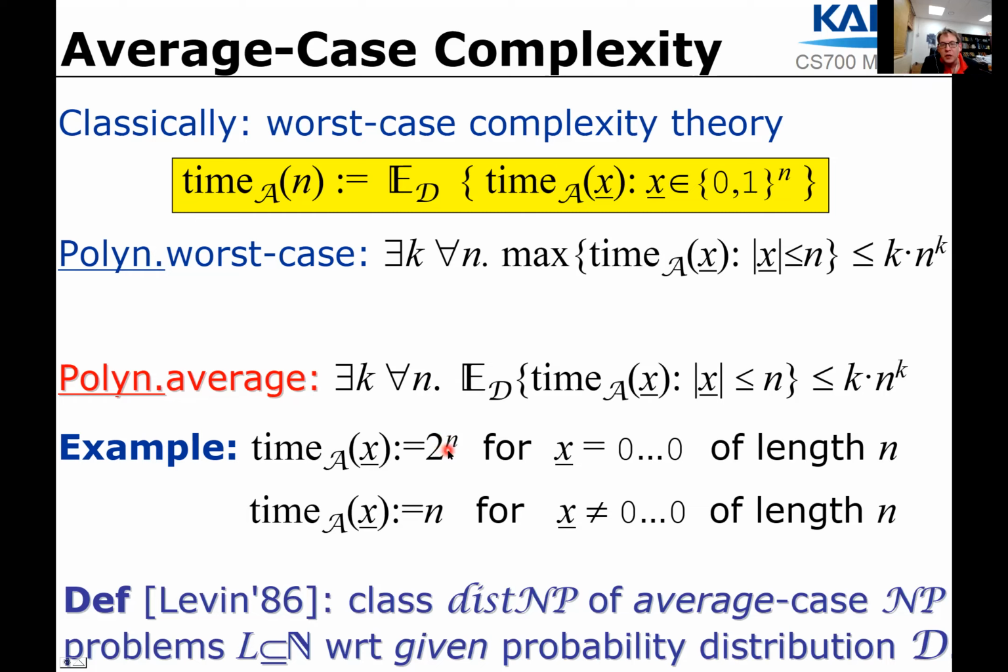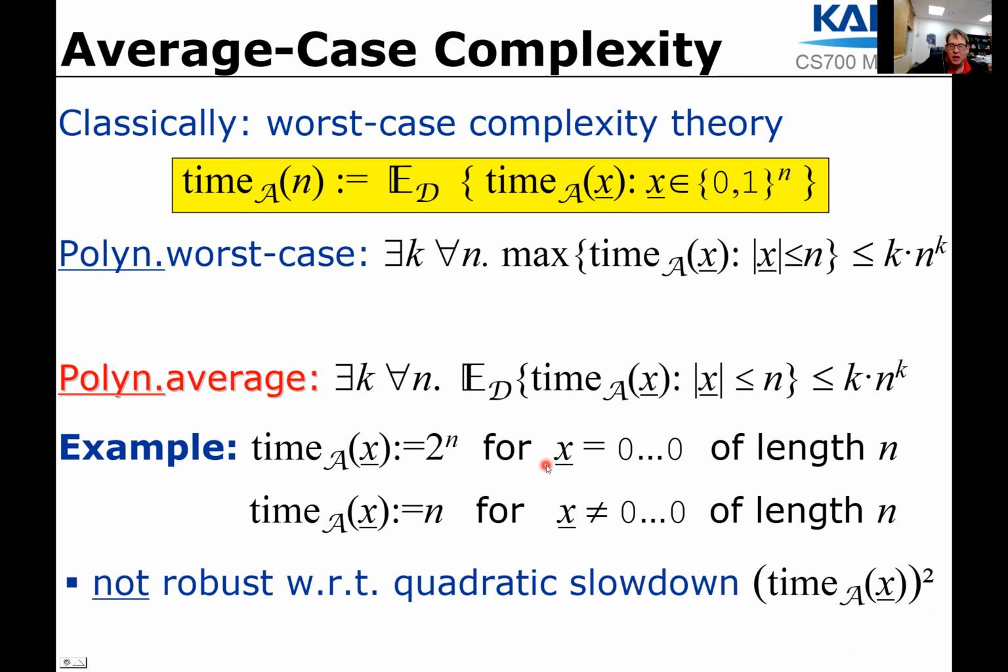And 4 to the n now does not cancel against the probability for such a bad input to occur, which is still 2 to the n. So suddenly, after this polynomial reduction, the same algorithm has an exponential average case cost.